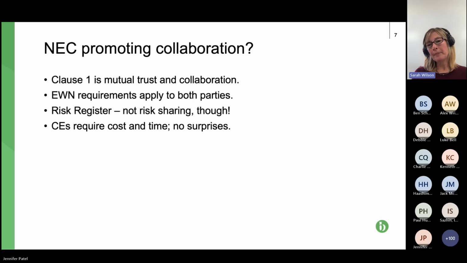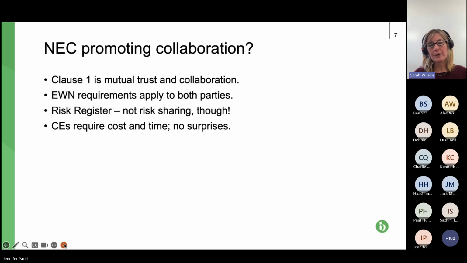So just to take a step back for a minute, we've still got several core clauses. All of our typical core clauses apply, but some of the key ones here: clause 1, mutual trust and cooperation. We've got collaboration there, but it's cooperation.